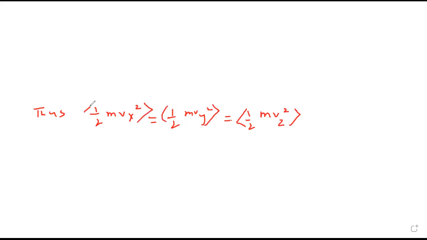Thus, half mvx square is half mvy square is half mvz square. Average energy of each molecule along x direction is same as along y is same as along z, which is half kBT.